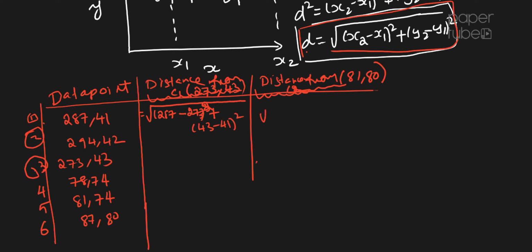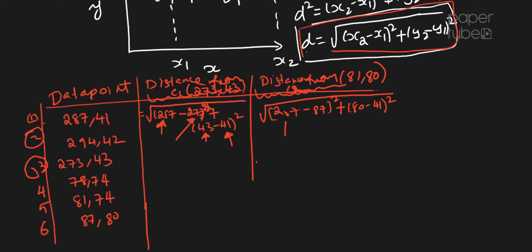And here is the same, 287 minus 87 the whole square plus 80 minus 41 the whole square. So 287, that's the actual data point, 287 and 43, and 273 and 41 are the cluster centers, cluster center 1.